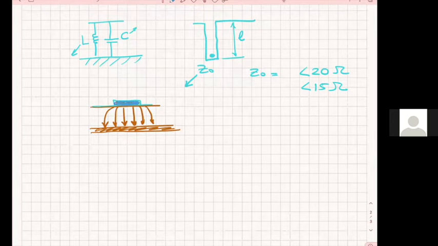Now, if this capacitance C is very high, what is it forcing you to do? Either to reduce this to a very, very thin layer, which you cannot do because I gave it to you 500 microns. You cannot go below that. So for that, either you reduce H, or you increase W. And if your C is very, very high, your W becomes ridiculously high. Or in other words, equivalently, your Z naught goes extremely low. So these two approaches are not working.